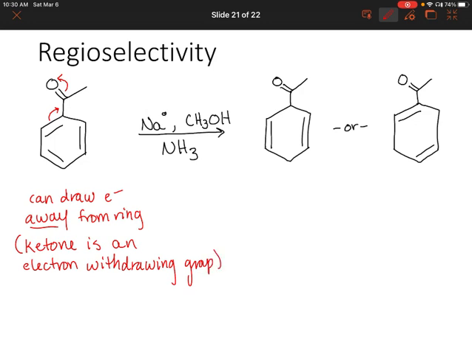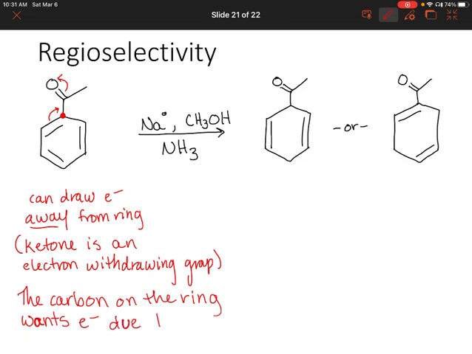All right, so the carbon on the benzene ring really wants electrons because the electron withdrawing group is pulling electrons away. I'm just going to circle this ketone up above, and we'll label it EWG because it's an electron withdrawing group.